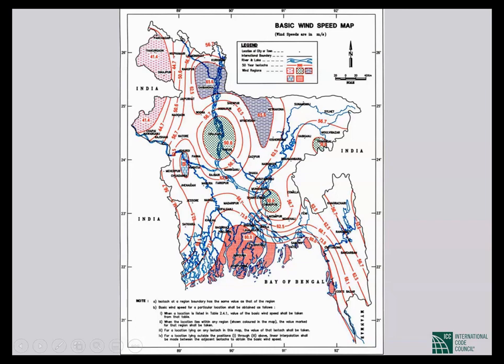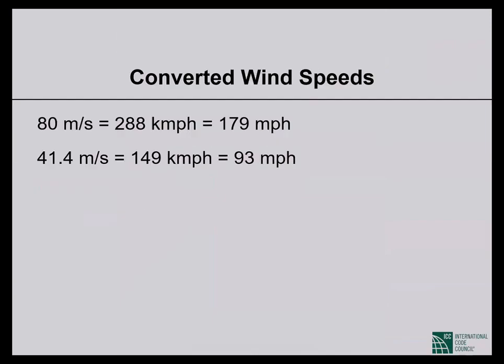So hurricane-prone regions or cyclone-prone regions in red on this map. The basic wind speed map, as it is called, that is part of BNBC 2020. Now this tells you that away from there, the southern coast, if you are in Dhaka, well inland, the cyclones are not your problem. They do not determine your design wind speed.